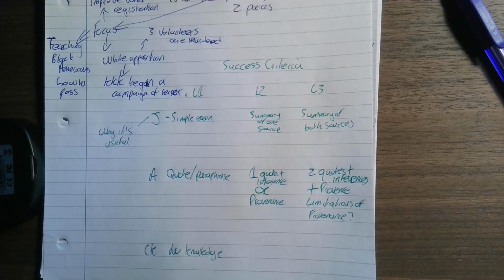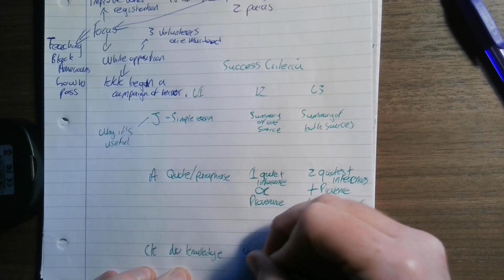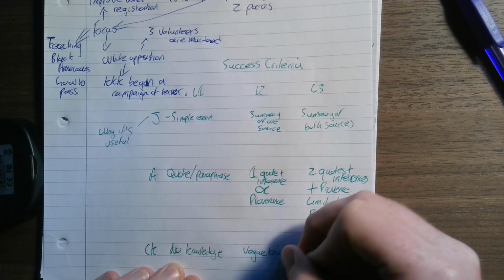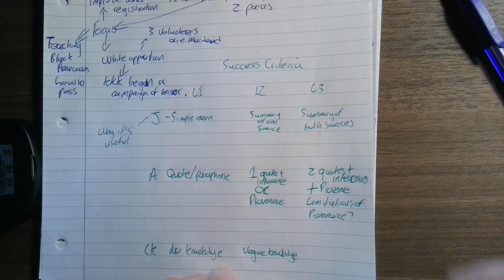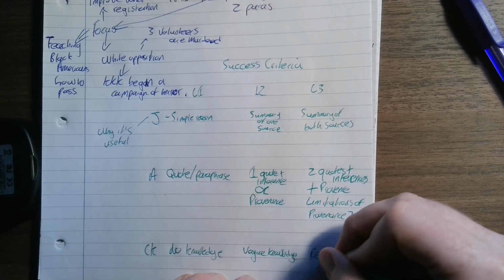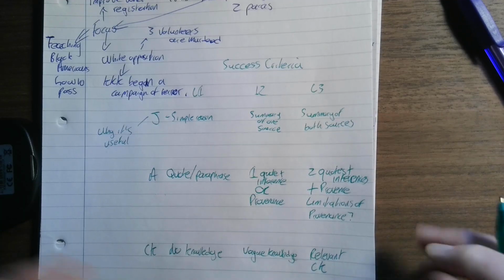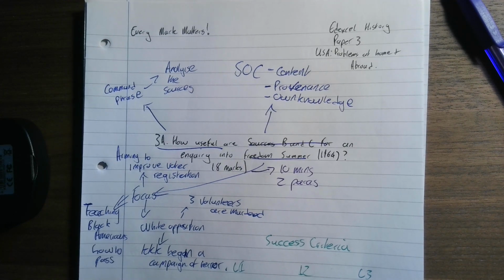For level 2, you have got some vague knowledge. And then for level 3, you have relevant contextual knowledge. I'm just going to put CK. So that's the 10-minute question. Press pause. I'll see you shortly. Have a go at giving me 2 paragraphs to tell me how useful sources B and C are for an inquiry into Freedom Summer. Press pause. I'll see you shortly.